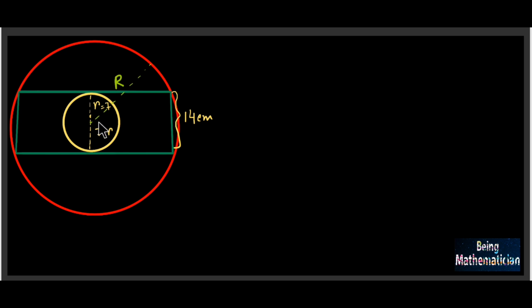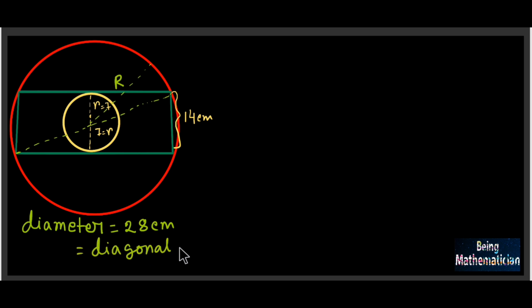The diameter of the red circle is clearly the diagonal of the rectangle. So diameter is 28 centimeter, and which is the diagonal of rectangle.